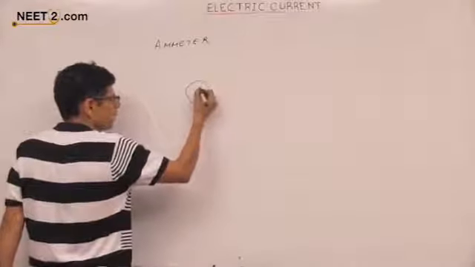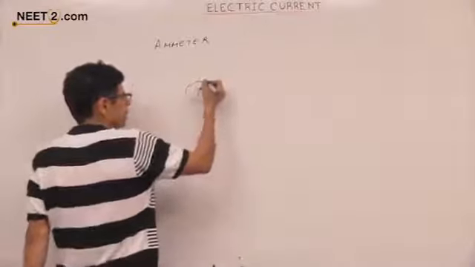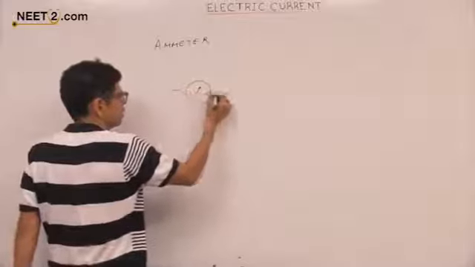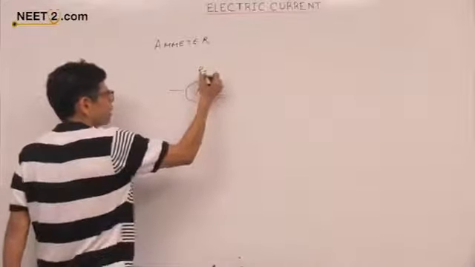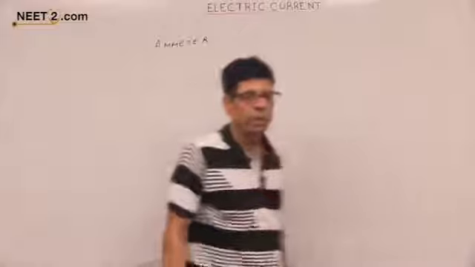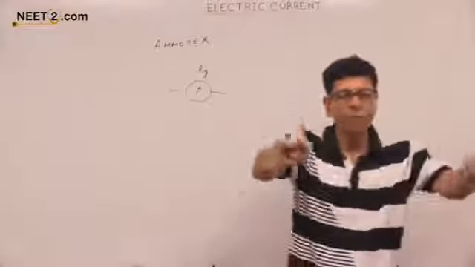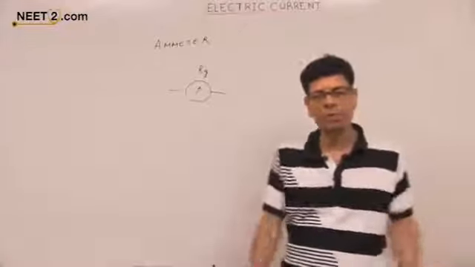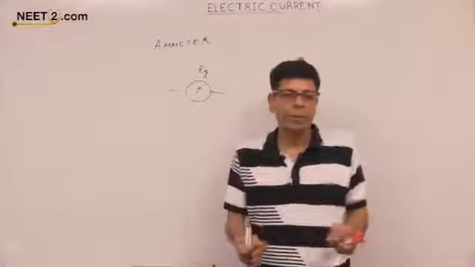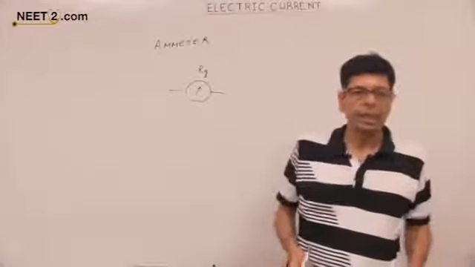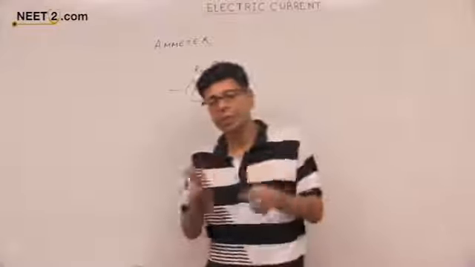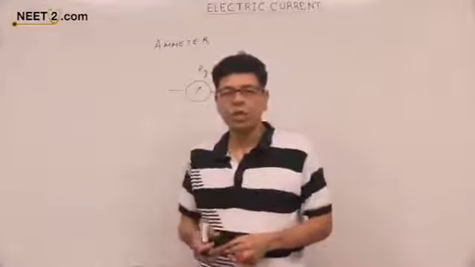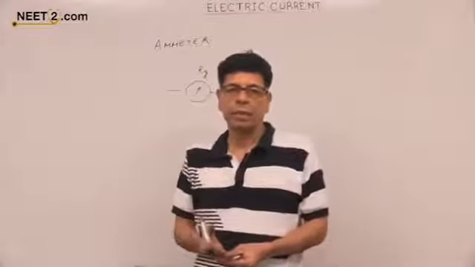The problem with the galvanometer is that it has resistance. Its resistance I'll call by the symbol Rg. So if you take a galvanometer and put it in a branch of a circuit, the galvanometer comes with its resistance, and that means the resistance of that branch is changed. So it changes the current.